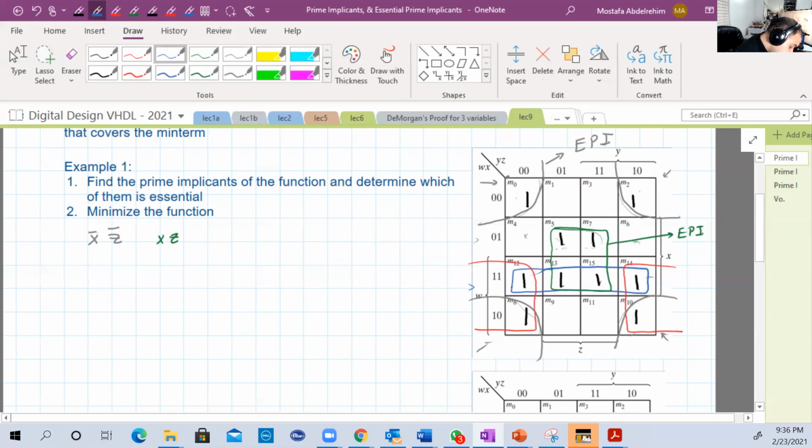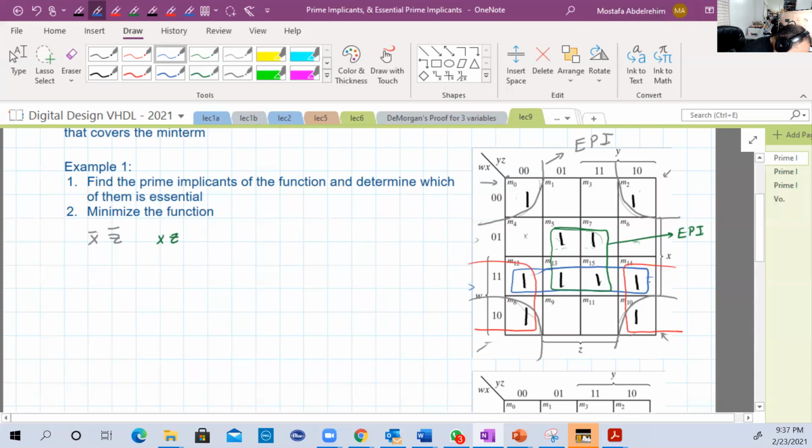Now the blue. All the ones in the blue are contained in other prime implicants. For example, the first one is contained in the red, the second one in the green, the third one in the green, and the fourth one in the red. So the blue prime implicant is not essential.